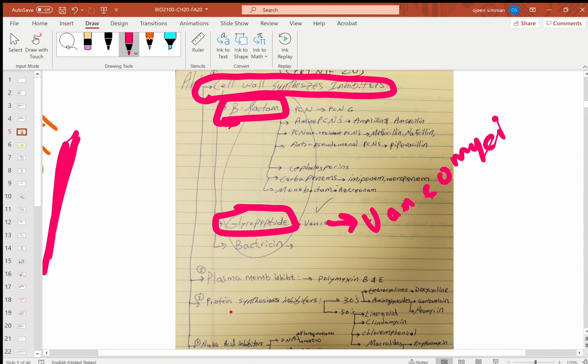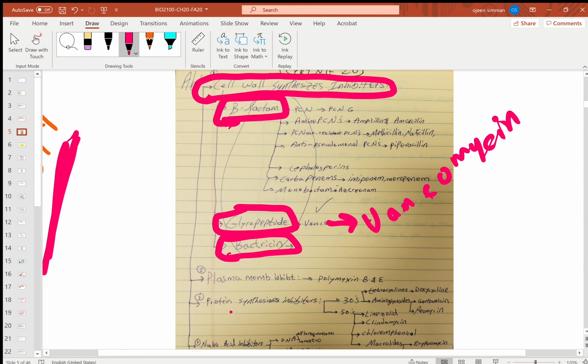That's a famous one. And finally, you have bacitracin. So these are the three classes that are considered cell wall synthesis inhibitors.